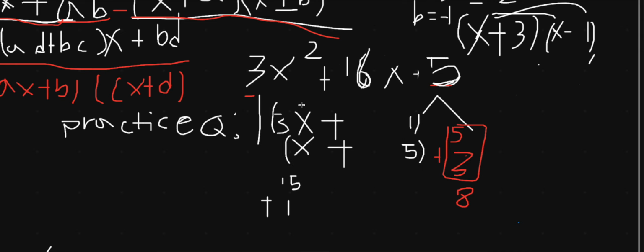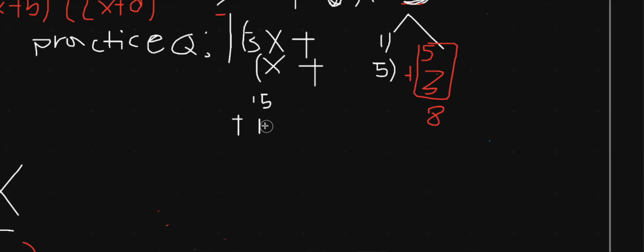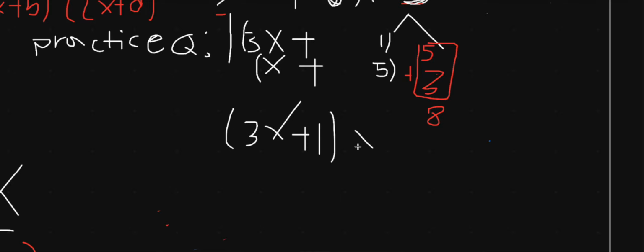And if we actually distribute this, let me just go down. If we distribute this, 3x plus 1 and x plus 5, right? Yeah.